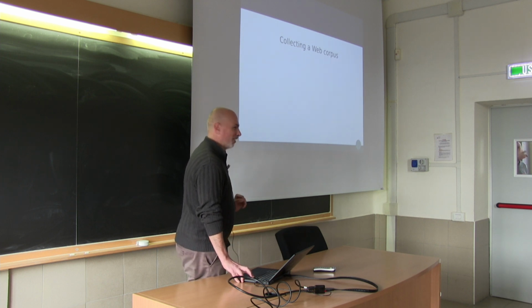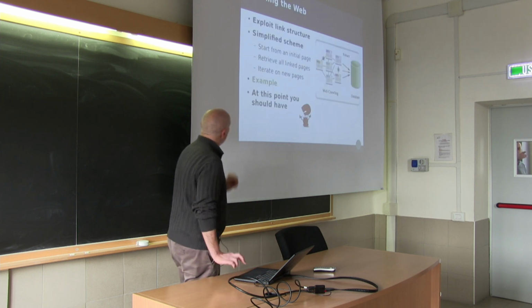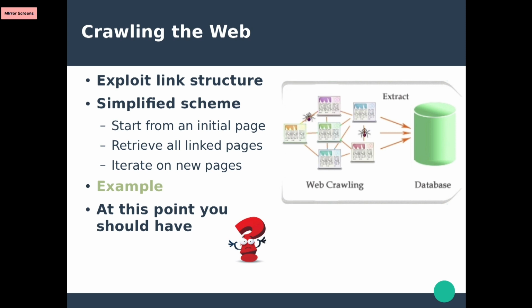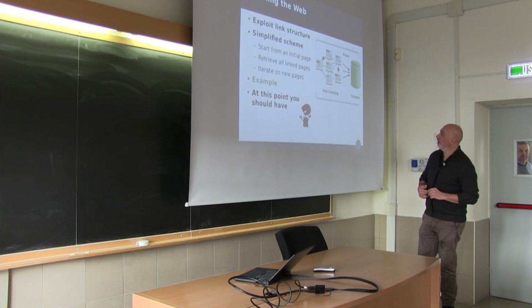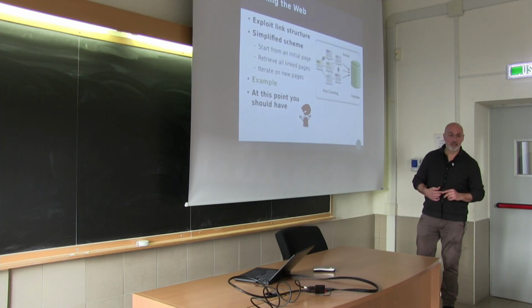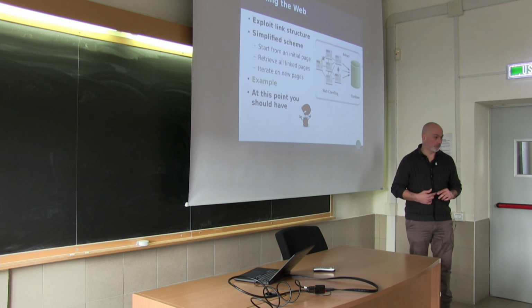We leave the questions now. So first of all, how will I collect a web corpus? This is a very quick tour of the course, okay? The entire course, or most of it, concentrated in 1 hour, more or less. A very simplified scheme is that you use the link structure of the web.